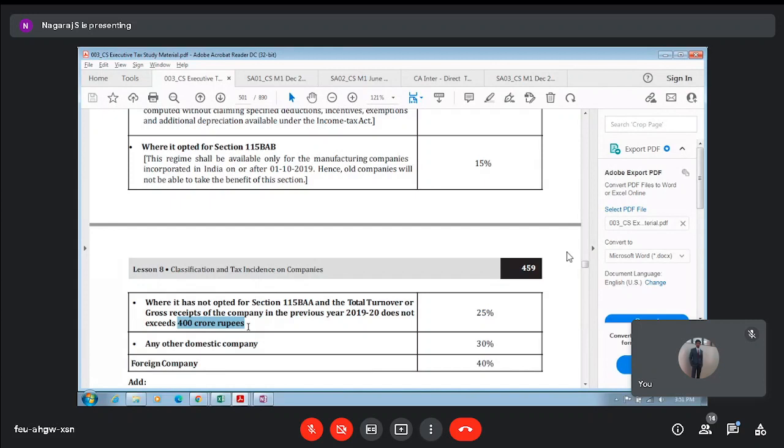Why 2019-20 previous year they have taken, not 2020-21 or 21-22? Because in 2019-20 audit would have finished for that year. You will be knowing the correct audited turnover. Hence, they have taken that turnover. 400 crores, not 400 lakhs. Okay, remember these limits, 400 crores. Any other company other than this, 30% will be applicable. This is the normal rate. What is the surcharge for the company, domestic company?